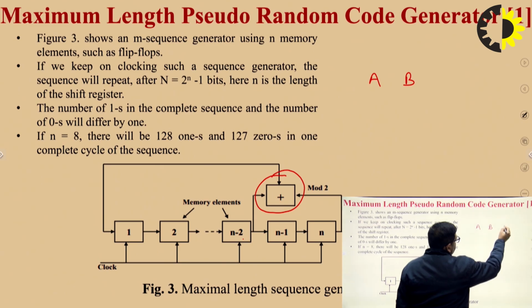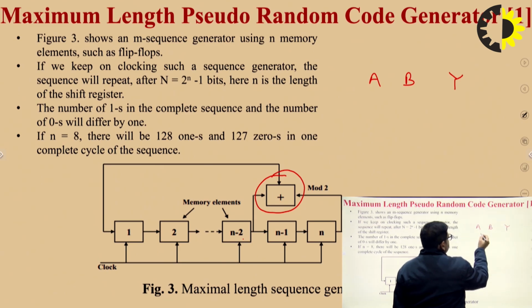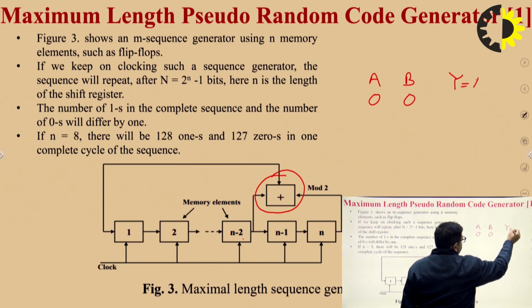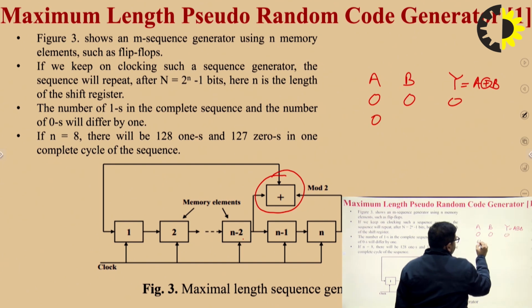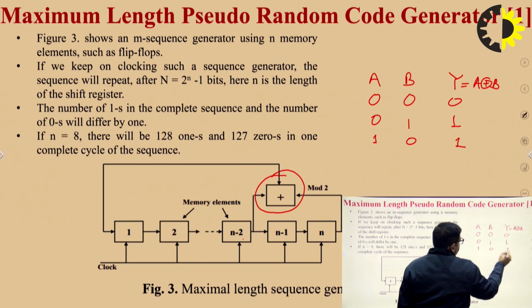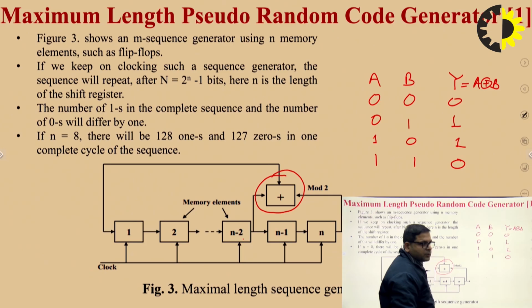If there are two inputs A and B, and Y represents the output, the modulo 2 adder gives 0, 1, 1, and 1 modulo 2 addition 1 equals 0.